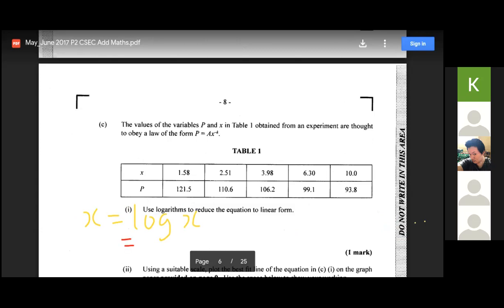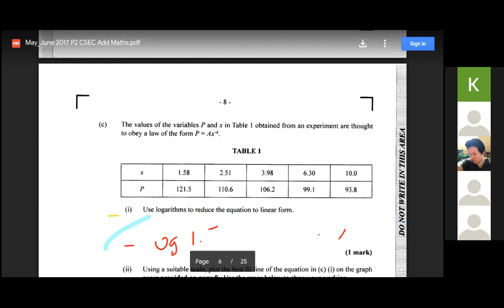They told us that x is 1.58, so you find log of 1.58, then what log of 2.51 is, etc. You find the log of all those x values, and those values that you get, that's what you plot on your x. Okay, everybody following that so far? Yes, Miss.